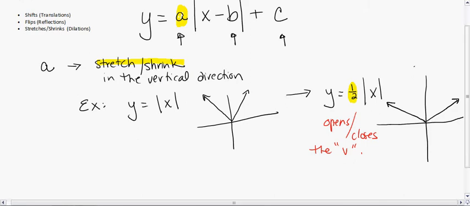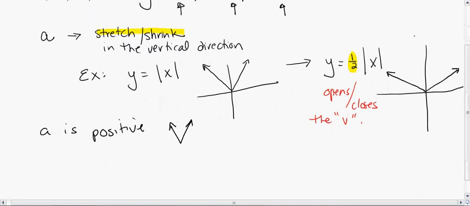The A also will make the graph upside down or right side up. So if A is positive, the graph is going to be right side up.